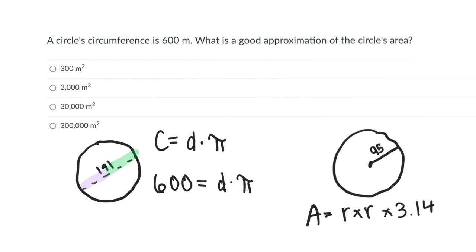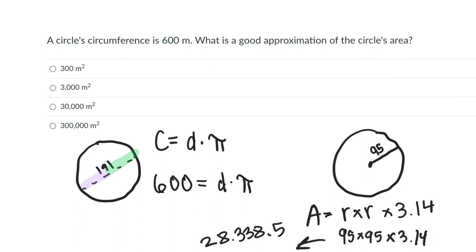That's my radius. So then we're just going to go 95 squared times 3.14. And I calculated it out. I got about 28,338.5. Now that's a super approximation. I rounded a lot. So I'm just going to go find which one of those numbers is the closest. That's close to 30,000. So there's our close approximation.